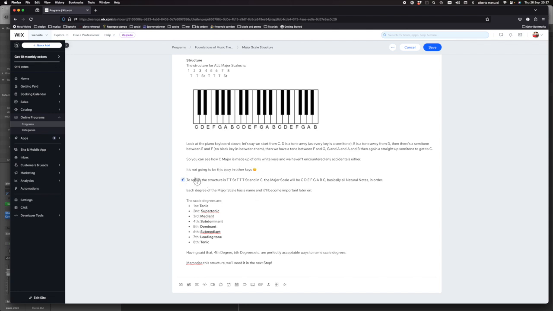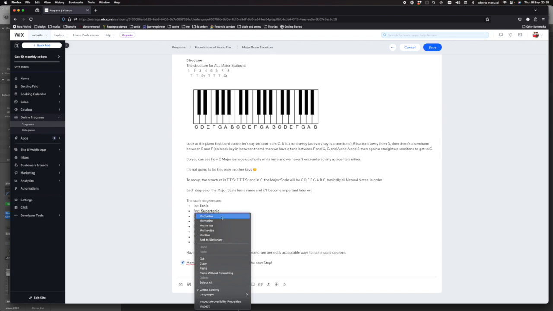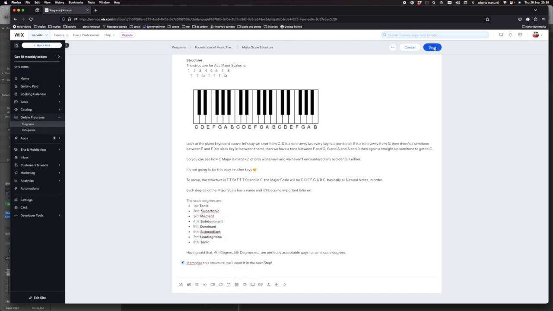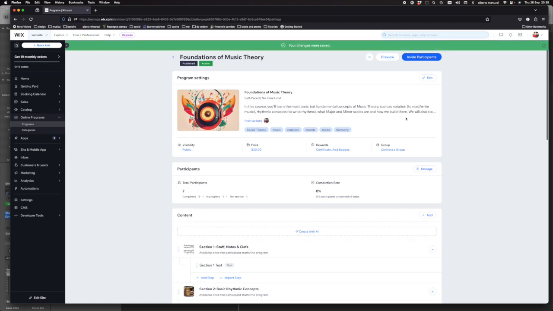So the structure is that, and in C, the major scale is the natural notes in order, starting from C. And here's also the name of degrees, memorize. Yes, it keeps wanting to use the American spelling. Well, keep the British spelling for now.